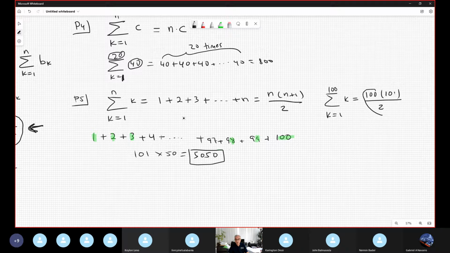And 100 divided by 2 is 50. And 50 multiplied by 101 gives me 5050. You get the idea? You don't need to prove this. You only use the formula, and that's it. I illustrated where it comes from. There is another formula that is more complicated. It's a little bit hard to prove.